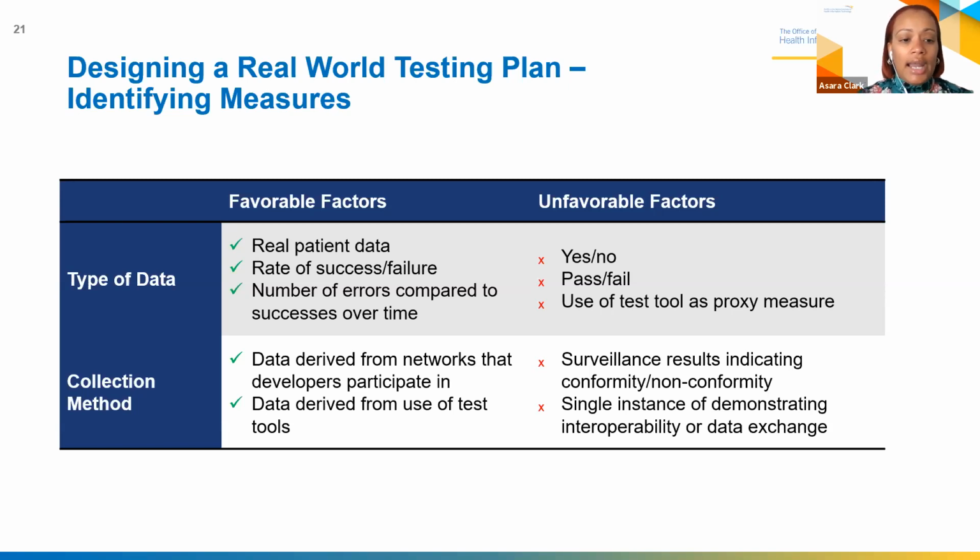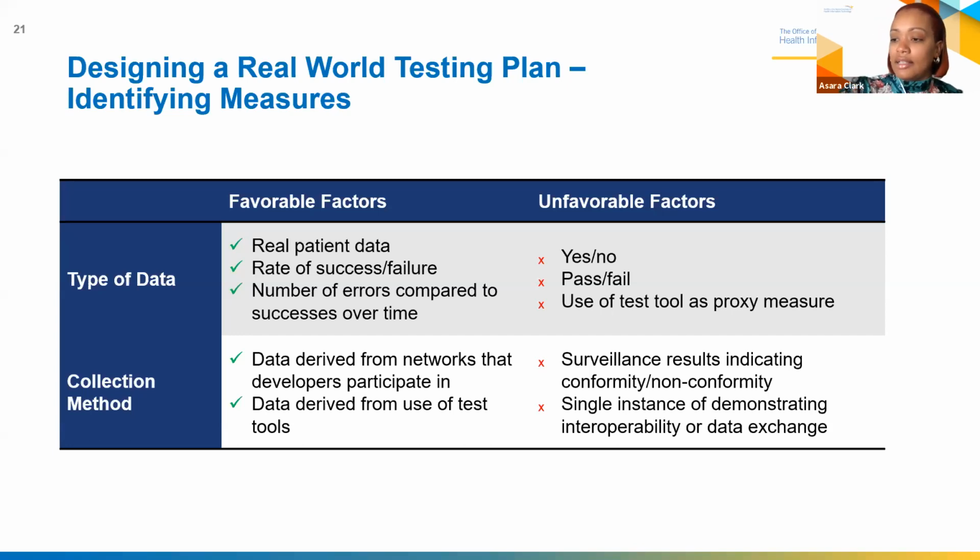All right, and even with the collection method, the data derived from networks that developers participate in, data derived from use of test tools, yes, you can use that data, but surveillance results indicating conformity or nonconformity, or a single instance of demonstrating interoperability or data exchange, again, do not demonstrate over the course of the real world testing year how you got to where you're saying that you meet the functionality and that your product is still conformant after it has been deployed and is being used in a real world environment.